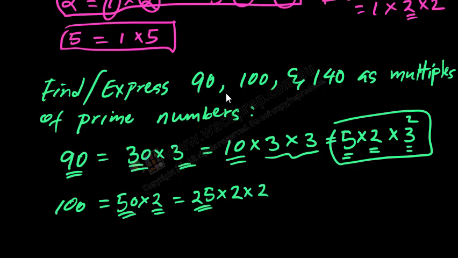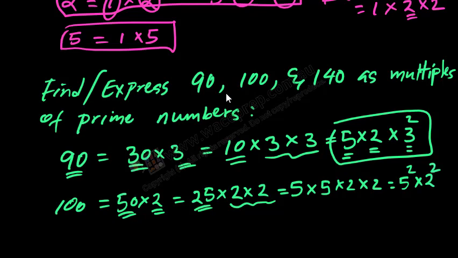Now 25, how about 25? 25 can be expressed as 5 times 5, and we can leave the other two as they are, which is 2 times 2. Now notice 5 times 5 can be expressed as 5 squared, and 2 times 2 can be expressed as 2 squared. Now once again we've expressed 100 in terms of two prime numbers, which is 5 and 2.